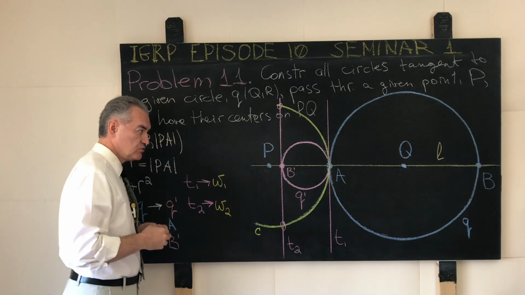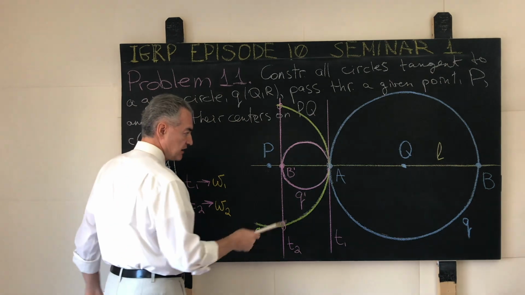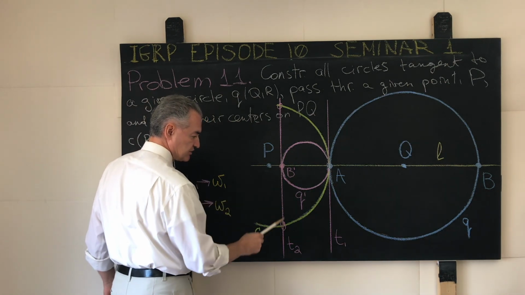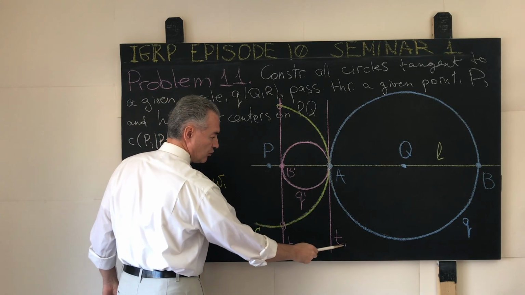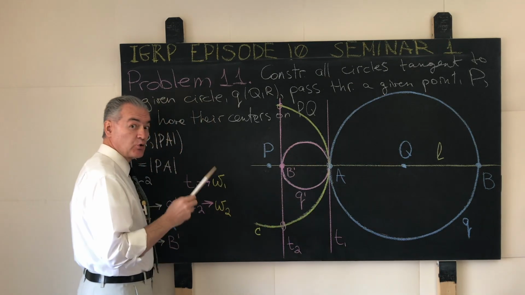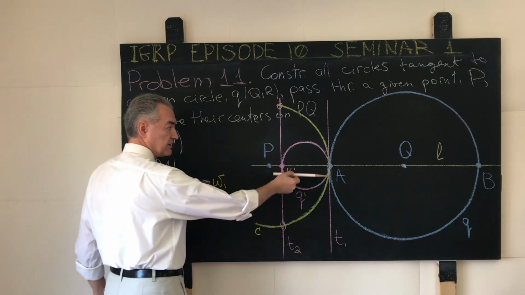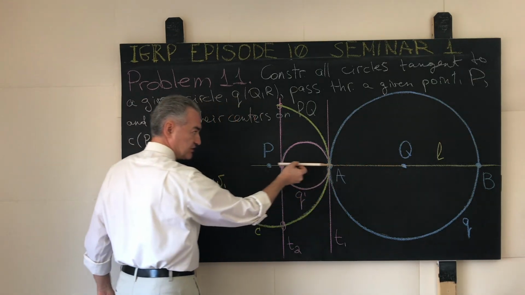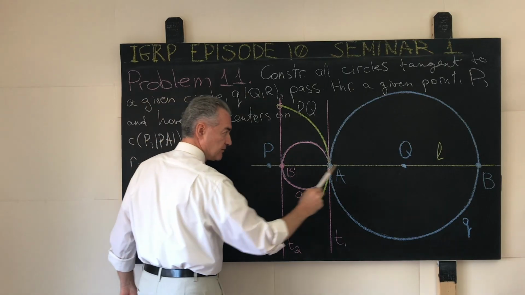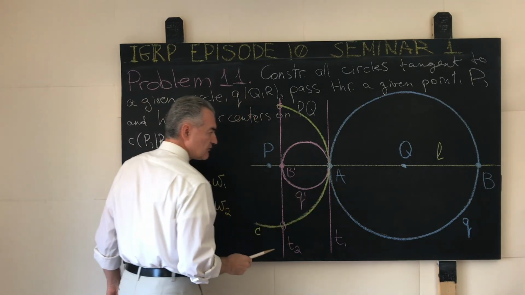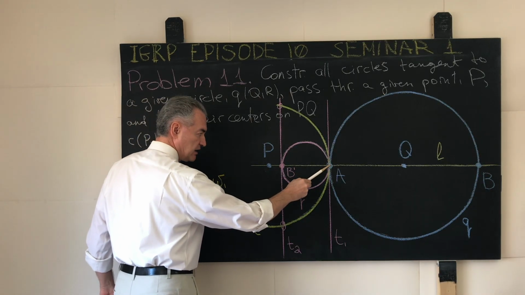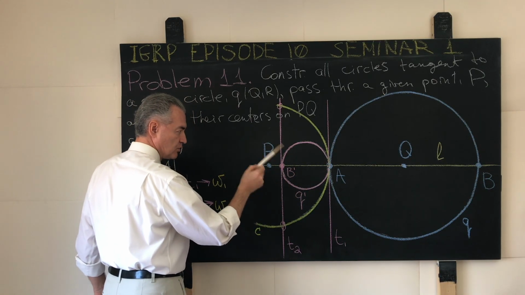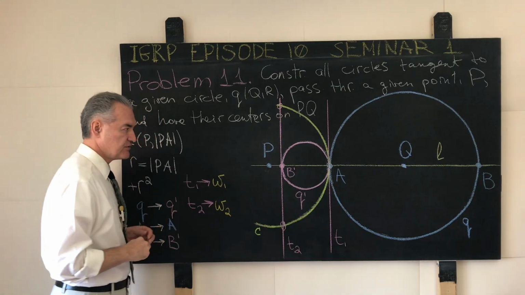All we have to do is construct a straight line, such as the straight line T2 and the straight line T1, that is perpendicular to the given straight line L, otherwise known as the straight line that passes through the points P and Q, perpendicular to that line through the given point, through the point A and through the point B prime. We know how to do that. This is a trivial task.